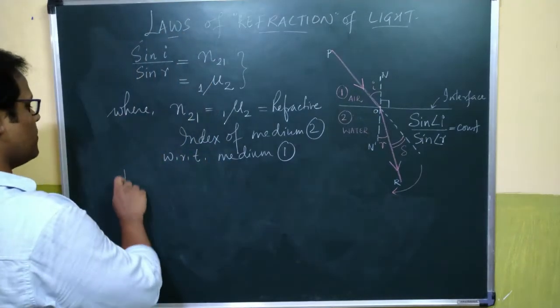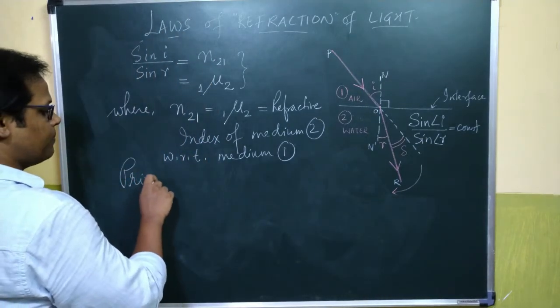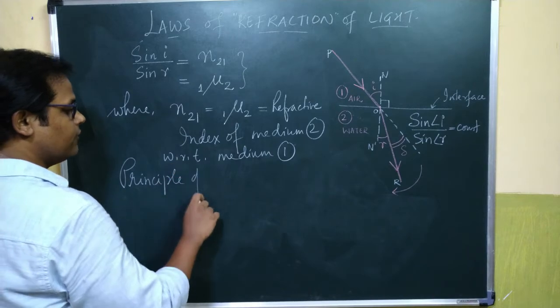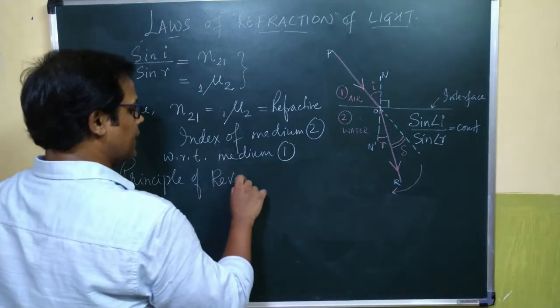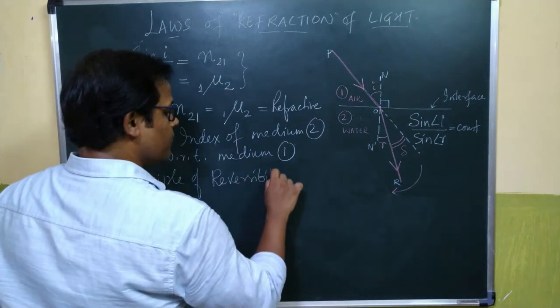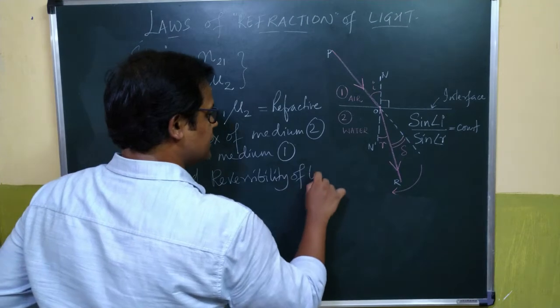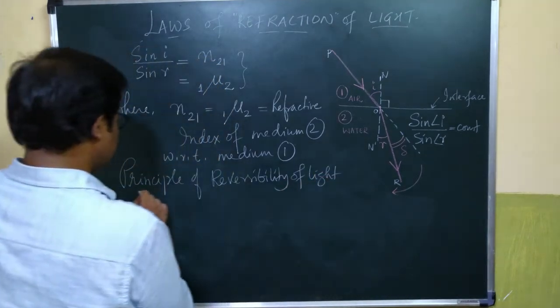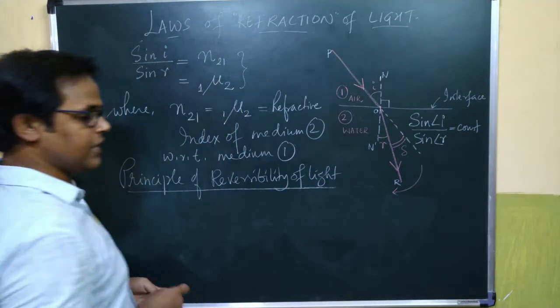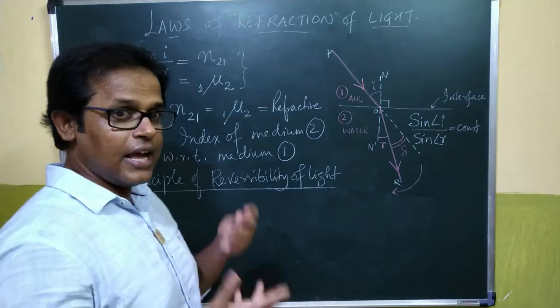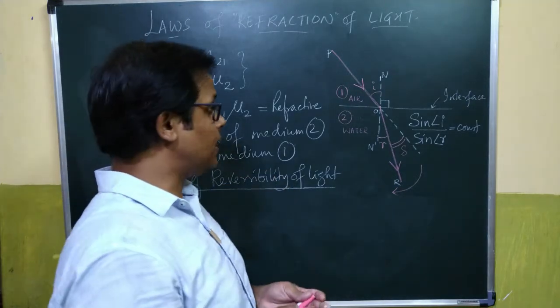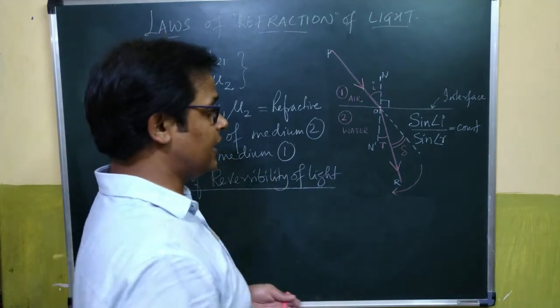It comes from what we call the principle of reversibility of light. It is very simple to state: light always retraces its own path. Let me show you in this ray diagram.